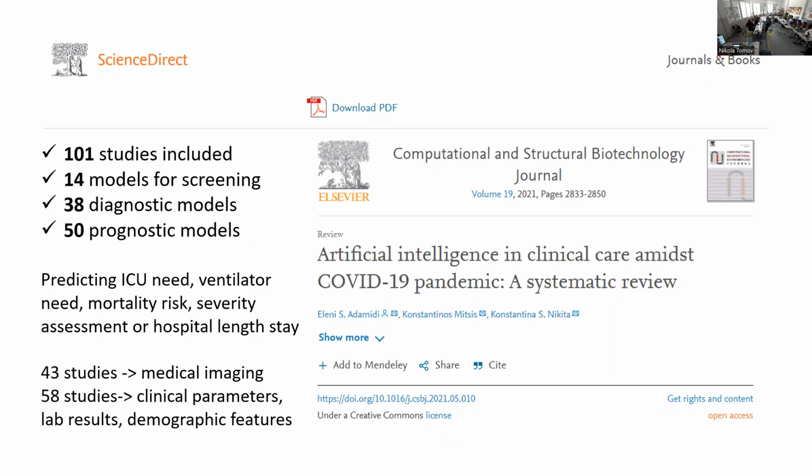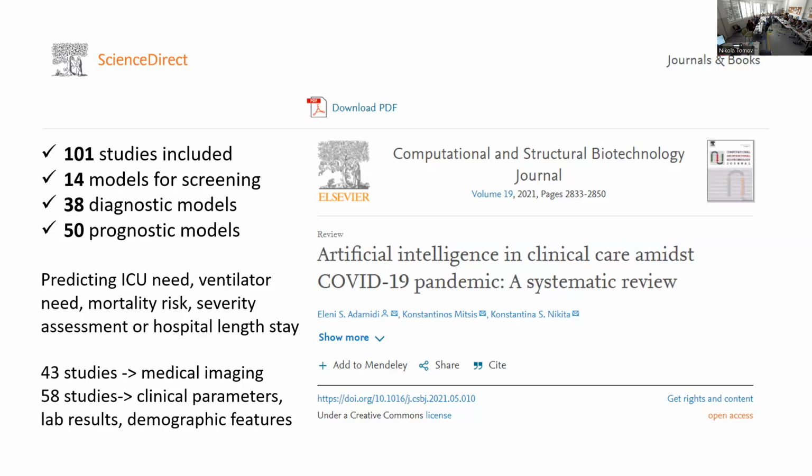And diagnosis and prognosis, another huge, amazing thing with AI, the prognosis, of course. We found models that could predict the need to go into the intensive care unit, which is the most important thing because the majority of the people who died had entered the ICU.